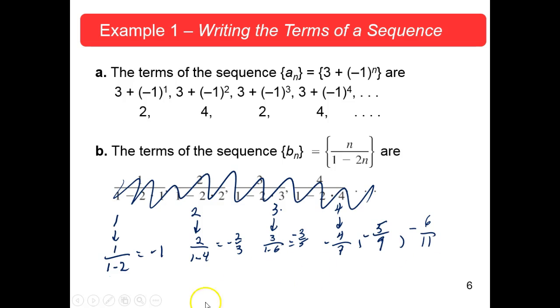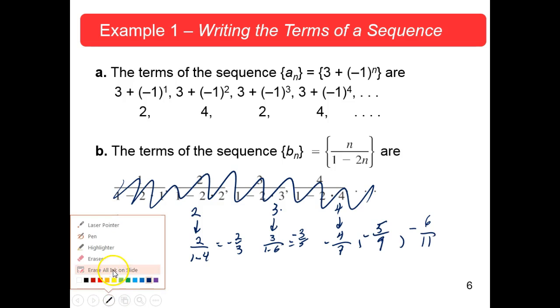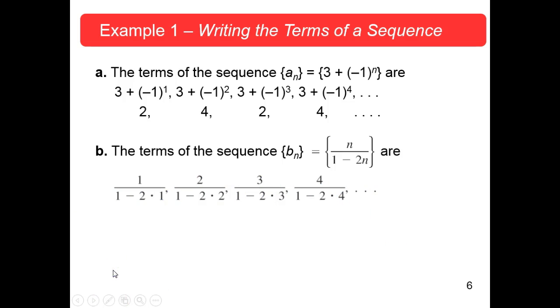So let's erase this. They did the first 4 there, and they got negative 1, negative 2/3, negative 3/5, negative 4/7, negative 5/9, negative 6/11, negative 7/13, and on and on and on.